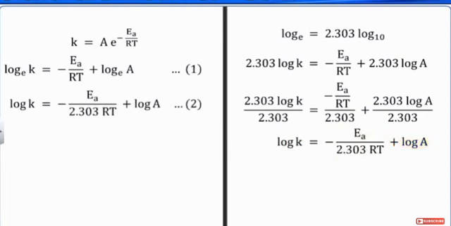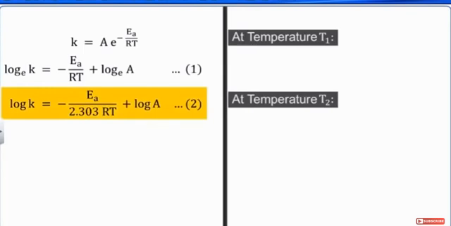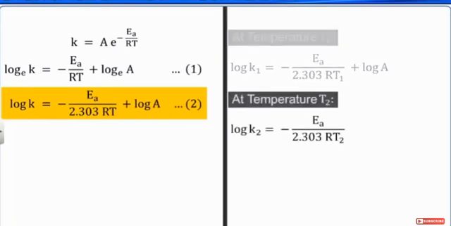At temperature T1 and T2, equation 2 becomes log K1 is equal to minus Ea divided by 2.303 RT1 plus log A. And we get log K2 is equal to minus Ea divided by 2.303 RT2 plus log A. Let these equations be 2a and 2b respectively.